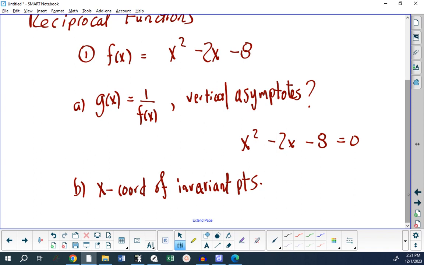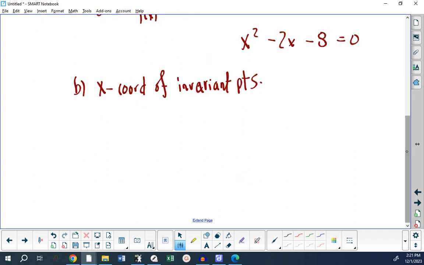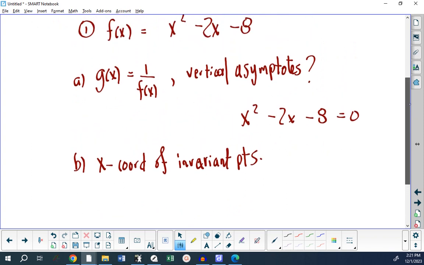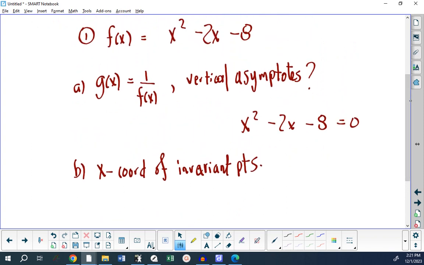All that is important is you know that the y coordinates of invariant points are 1 or -1. So what it boils down to is solving this equation and solving this equation.